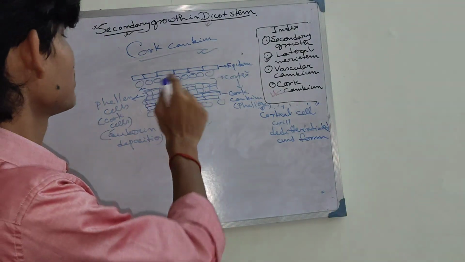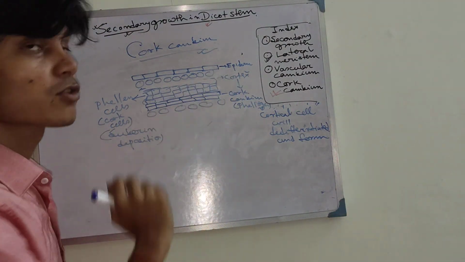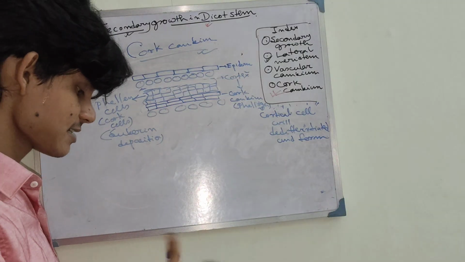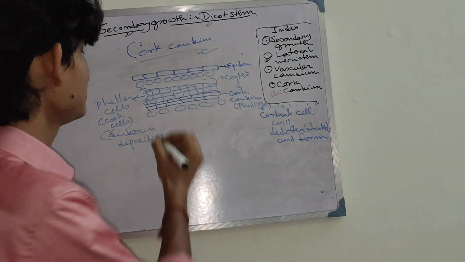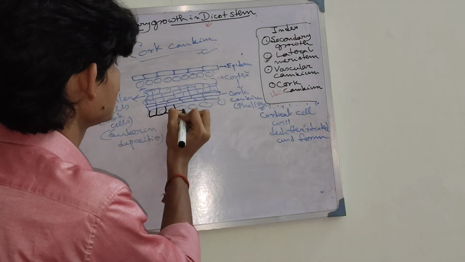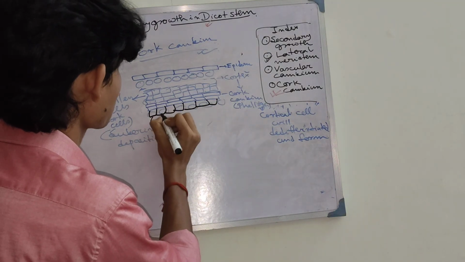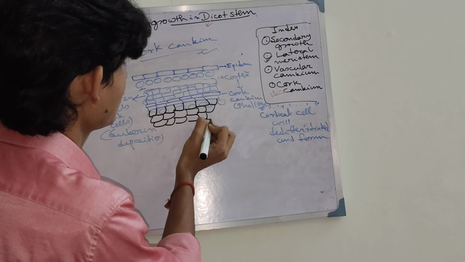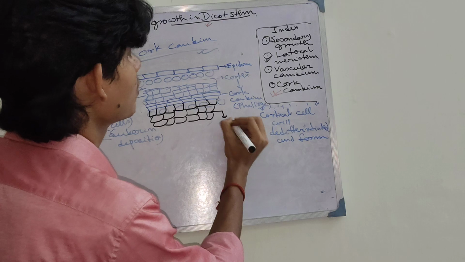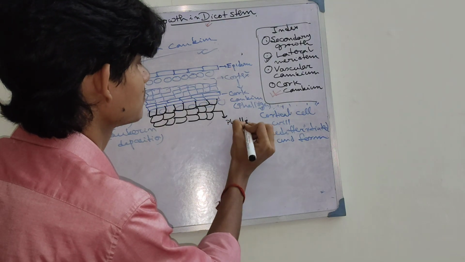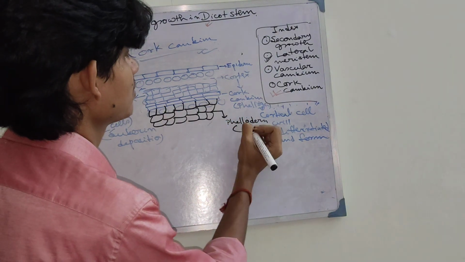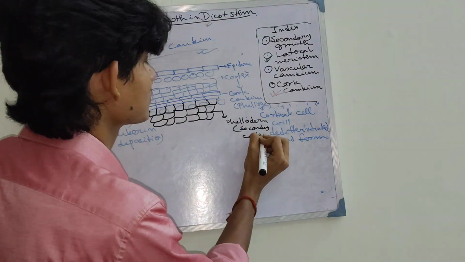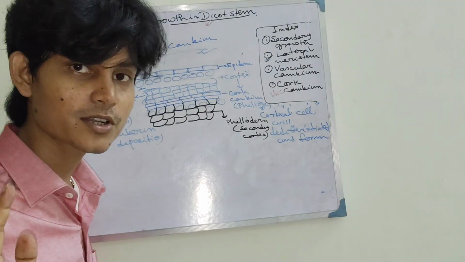So the cork will be produced by the cork cambium towards the periphery, and towards the inner side it will produce radially elongated cells called phelloderm, or secondary cortex.